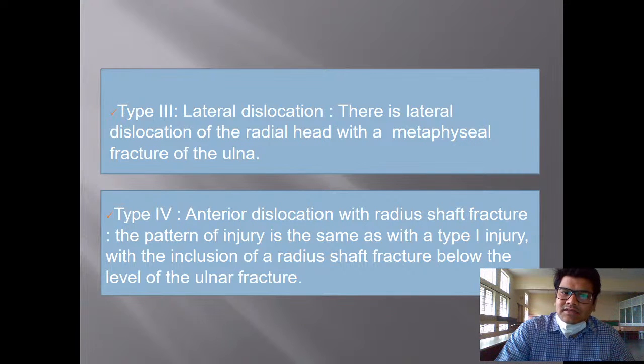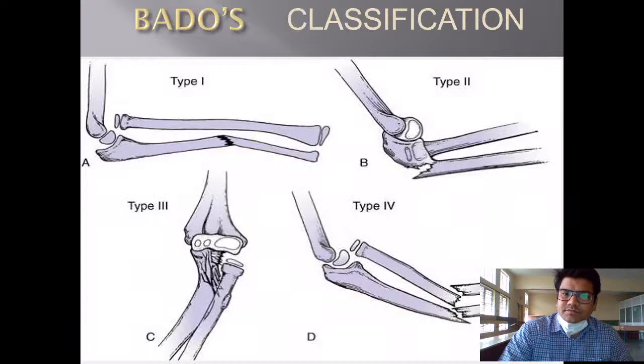Type 3 is lateral dislocation of the radial head with lateral angulation. Type 4 is any dislocation of the radial head with an additional radius shaft fracture. Any of type 1, 2, or 3 injuries with an additional radius shaft fracture is type 4.